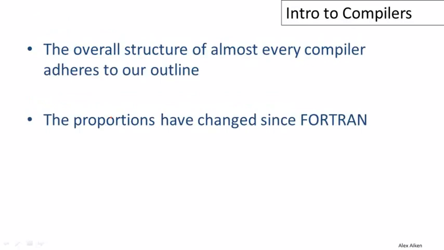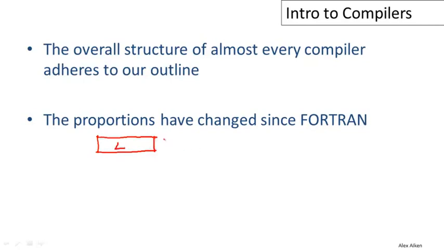To wrap up, almost every compiler has the 5 phases that we outlined. However, the proportions have changed a lot over the years. If we were to go back to Fortran 1 and look inside of that compiler, we would probably see a size and complexity that looks something like this.